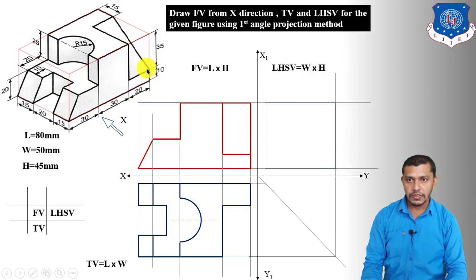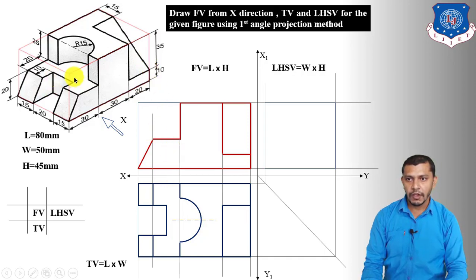This edge of the inclined surface is going to be projected over here in the top view, and this inclined face will be a vertical line in the top view over here. So it will give us a projection as a vertical line over here. So connect this corner over here and connect this corner like this. We will get the top view of this inclined face.